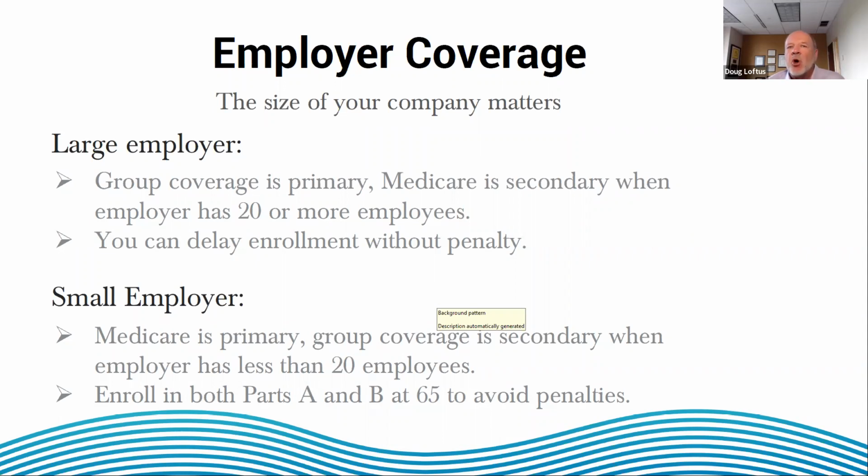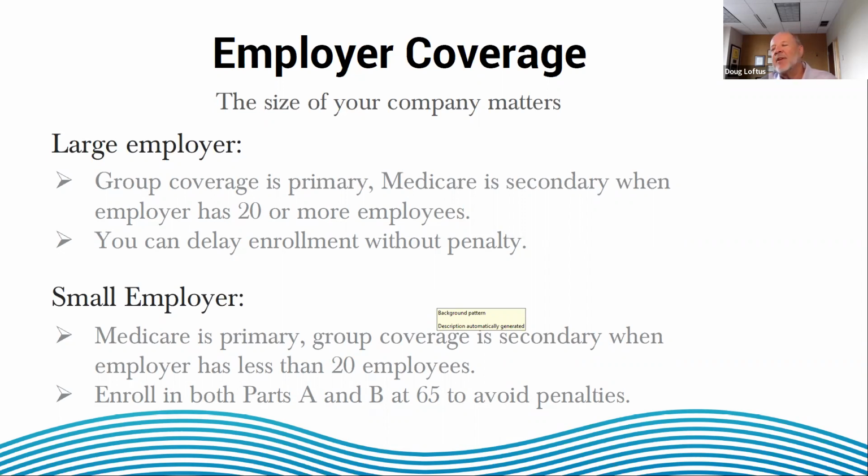So for post-65 enrollment, if you are covered by qualifying creditable coverage, you have a special enrollment period, which is effectively your open enrollment period. It just moves as long as you are covered by a large group plan. Now, it's really important to understand what coverage qualifies.